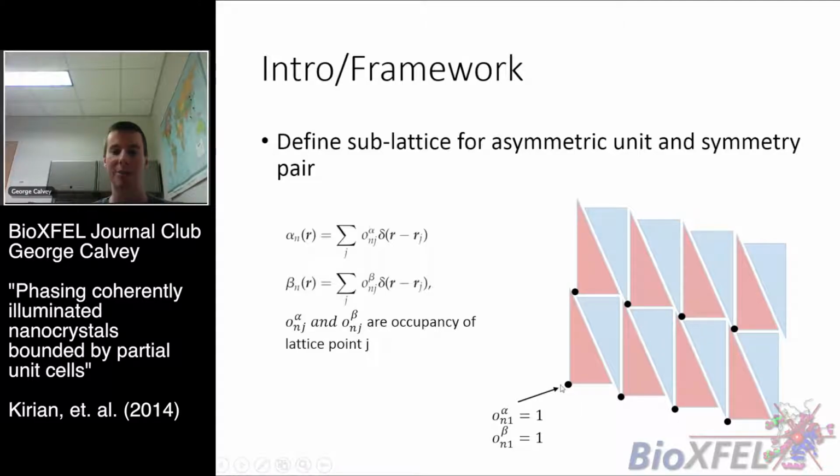For example, this lattice point has both the asymmetric unit and the symmetry pair occupied, so the occupancy would be 1 for both. But this lattice point only has the asymmetric unit occupied, so the symmetry pair would have 0 occupancy.